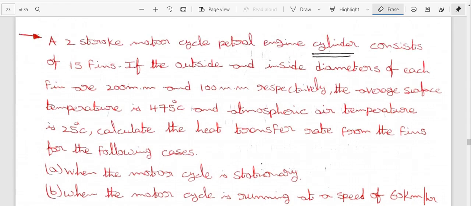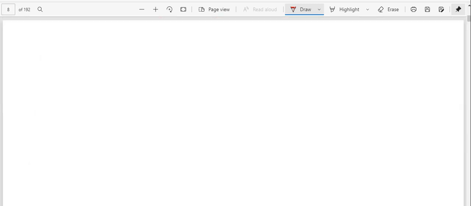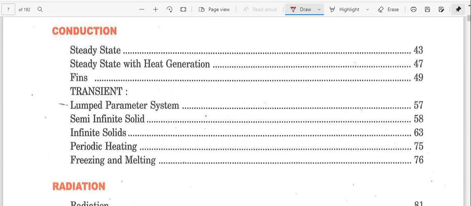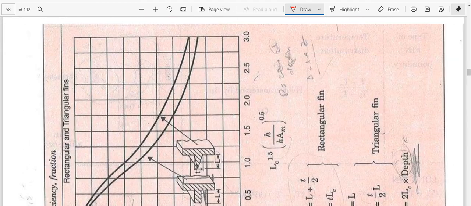This is not a forced convection. The fins are mentioned like this. Here the 15 fins. So students are directly going to the data book page number, that means the index number for fins, page number 49.